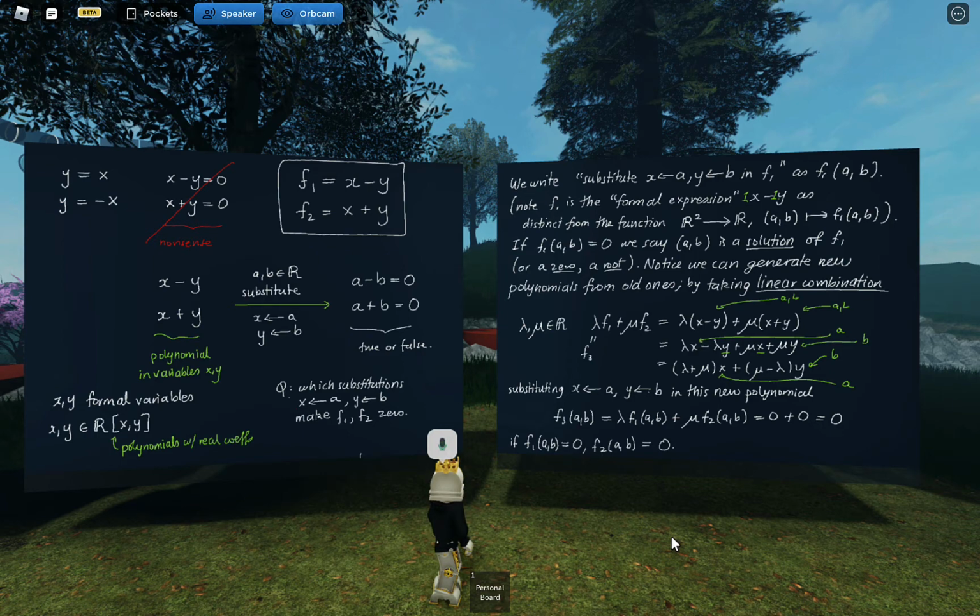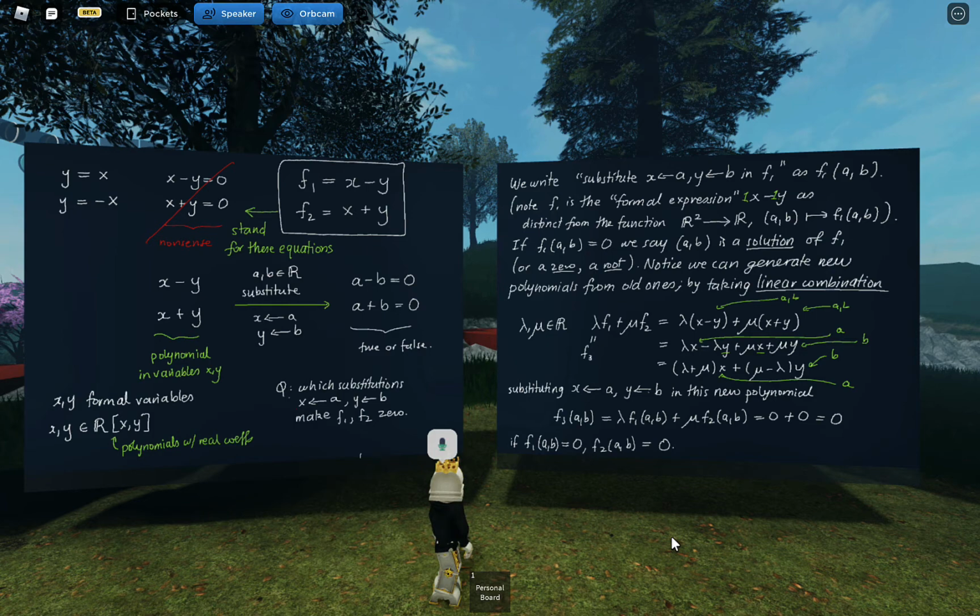So let's iterate here. I'm writing on the previous board. Just to be explicit, we think about polynomials as standing for these equations. Right? So the equation x minus y equals 0, we think of the polynomial x minus y as standing for that equation.